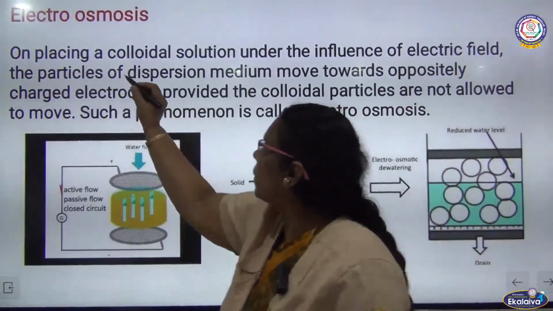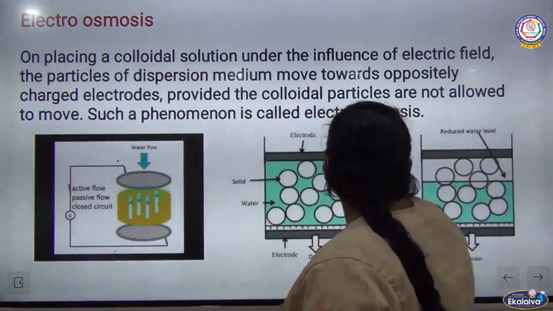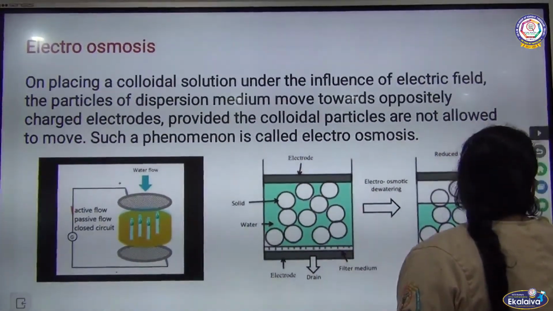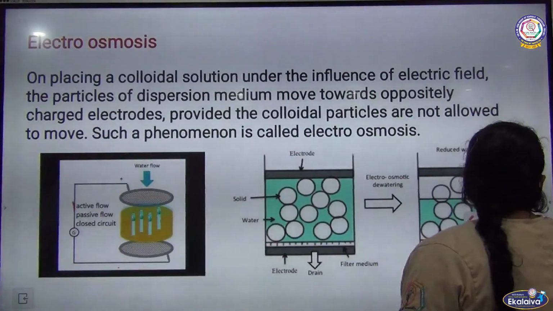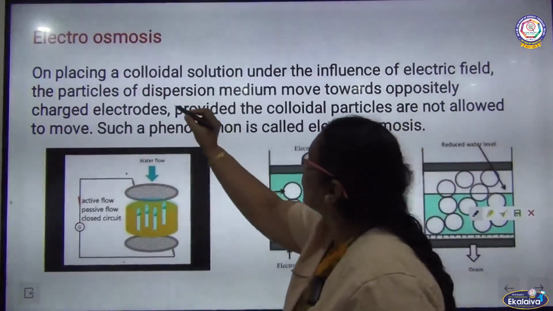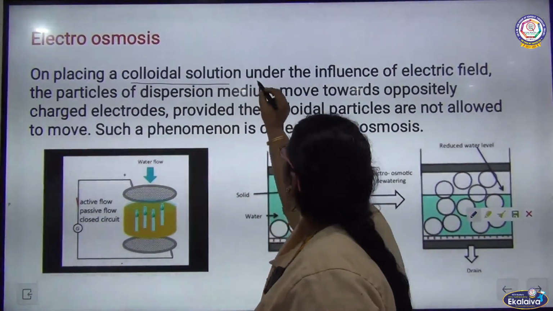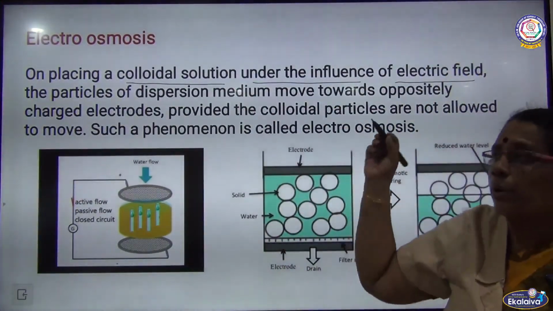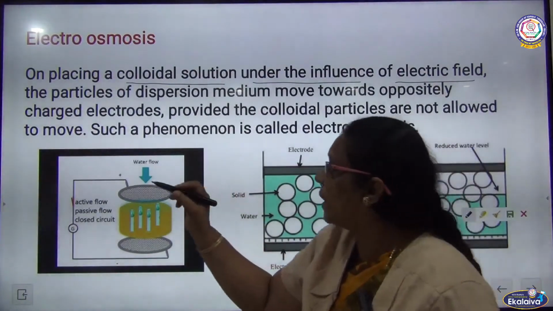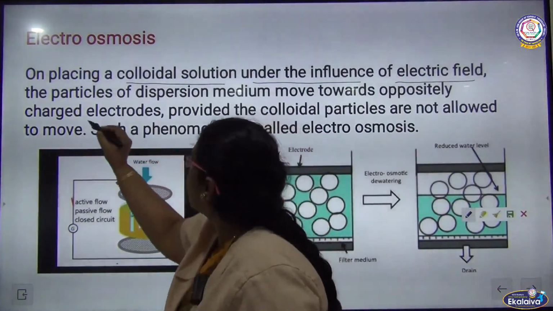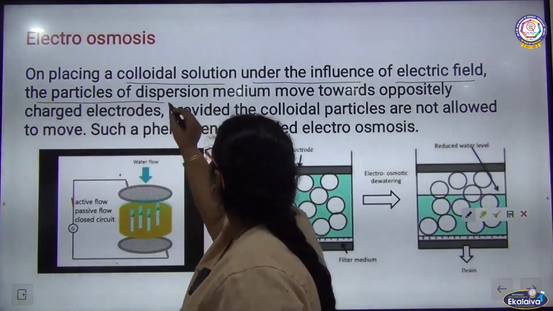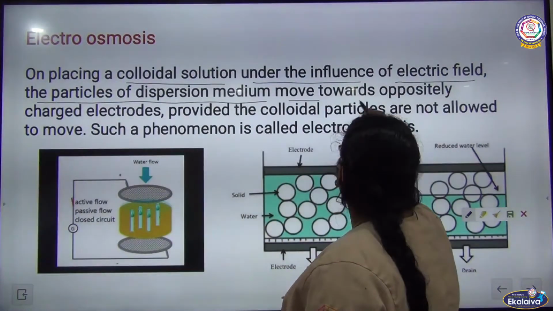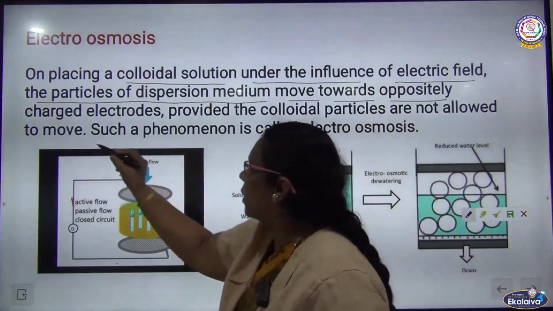The colloidal solution is placed under the influence of the electric field. The particles of the dispersion medium move towards oppositely charged electrodes.